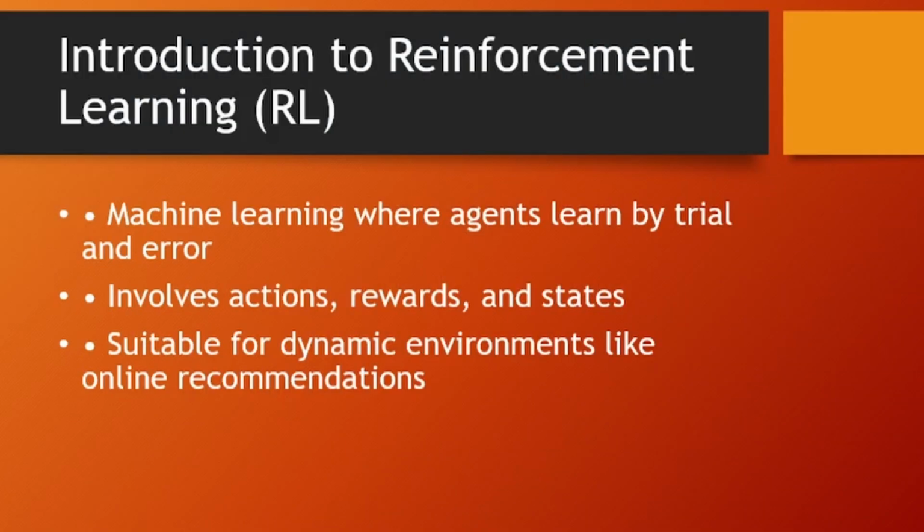Reward is the feedback that tells the agent if it has done well. Over time, the agent learns to maximize reward by improving its strategy. Think of it like training a dog. You give it a treat when it follows the command. The feedback helps it learn, and RL works similarly with this algorithm.